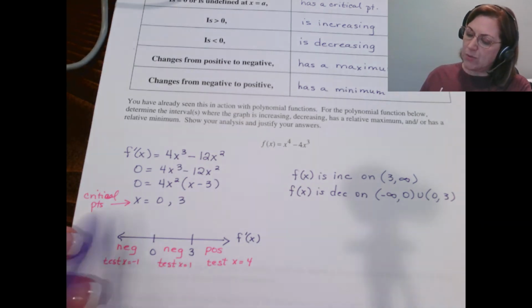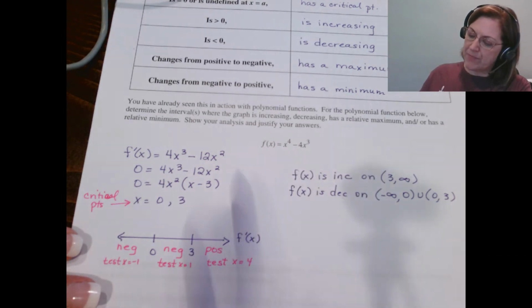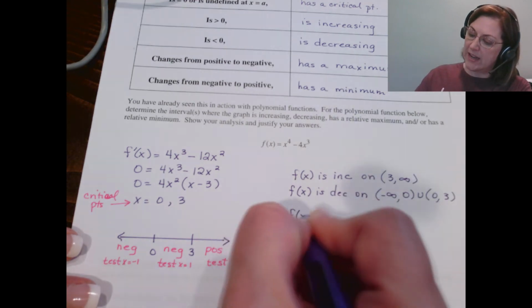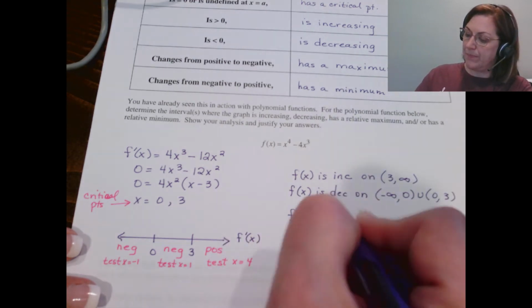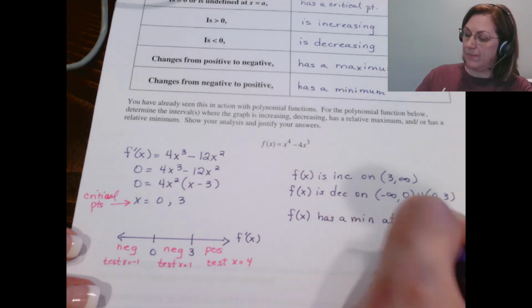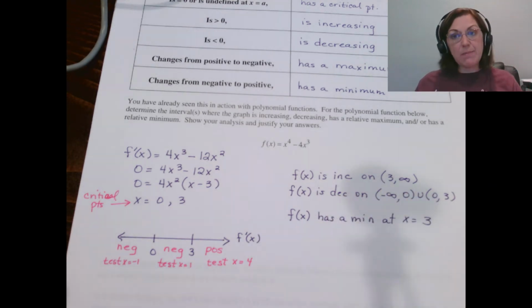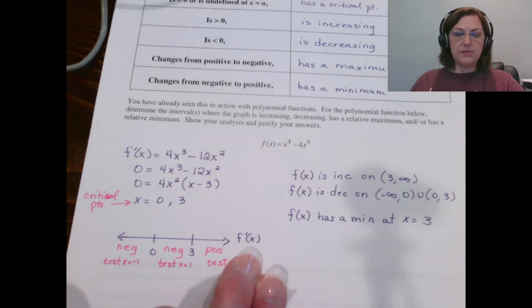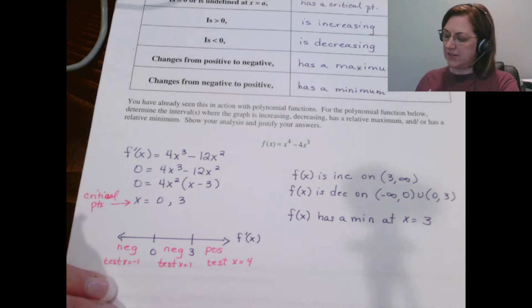So now the derivative changes from a negative to a positive. That's a minimum. So f of x has a minimum at x equals 3. And the number line justifies all my work here as long as I've labeled it. So good details there from our number line.